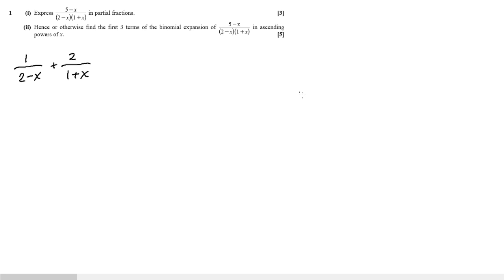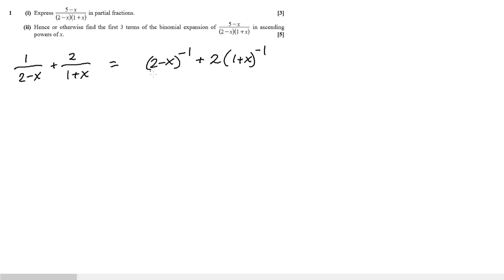Part 2 involves using binomial expansion to express this whole term in terms of ascending powers of x, which should be doable if you give enough thought to it. So first of all, let's express this as a power series, which is equal to (2 minus x) to the power of -1 plus 2 lots of (1 plus x) to the -1.